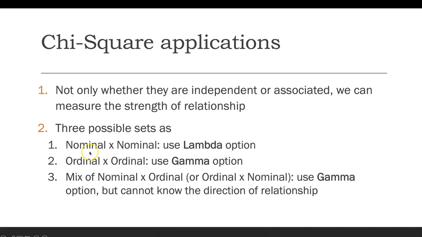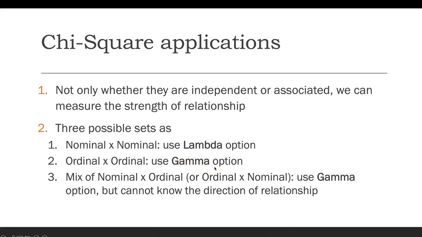For the combination of nominal and nominal variables, you use chi-square lambda. In the SPSS program, you will have lambda as an option. If you have two ordinal variables, categorical ordinal variables, you will use the gamma option.